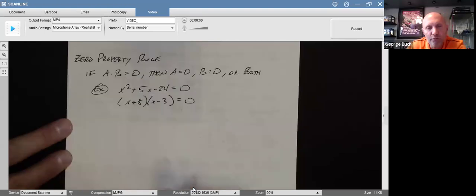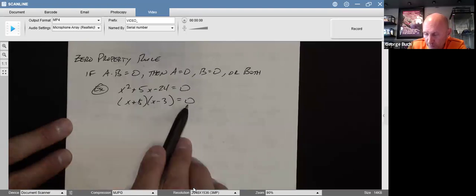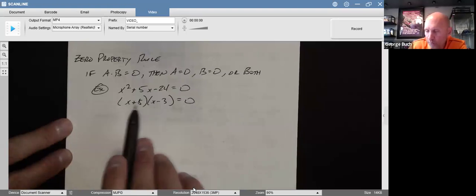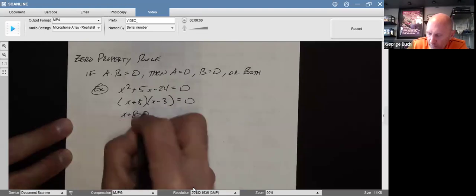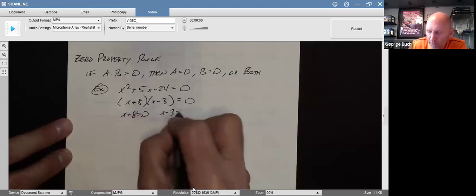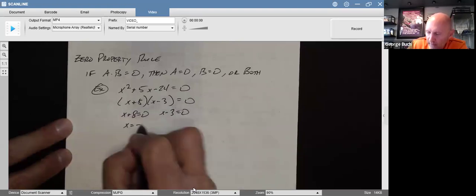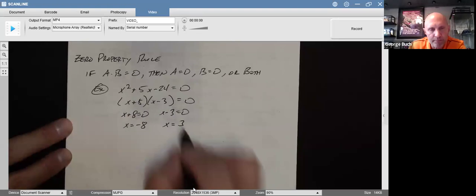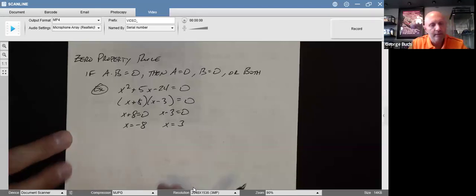Now by the zero property rule, if this times that is 0, then either this is 0 or that is 0 or both. So x plus 8 is 0 or x minus 3 is 0 is going to make this whole thing 0. So x is minus 8, x is positive 3. That's if we can factor it, set it equal to 0, and then use the zero property rule.